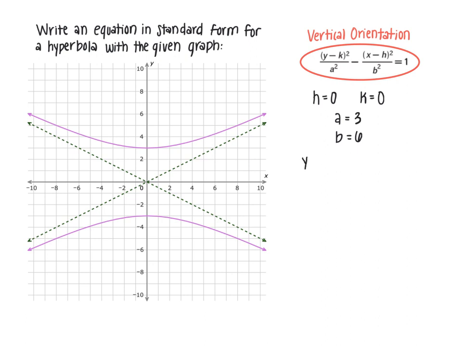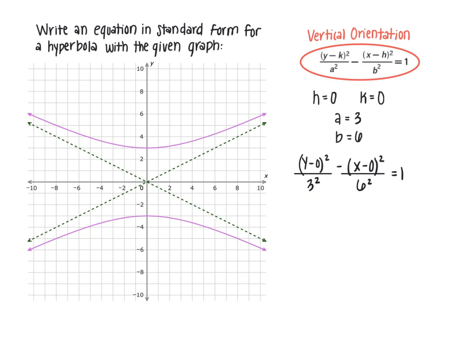So I have y minus 0, because k equals 0, squared, minus x minus 0, because h equals 0, squared. And then y will be divided by 3 squared, and x will be divided by 6 squared, and all of this equals 1.